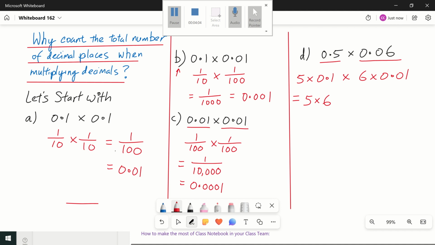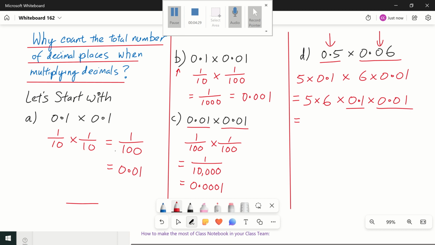And then we multiply 0.1 by 0.01. Now, 0.1 has the same number of decimal places as 0.5, and 0.01 has the same number of decimal places as 0.06.